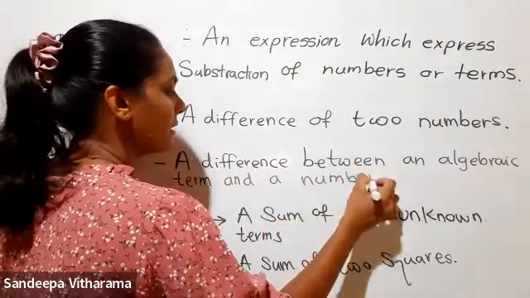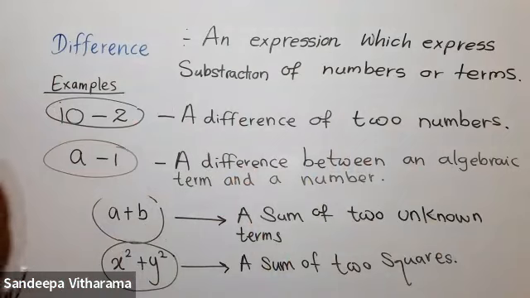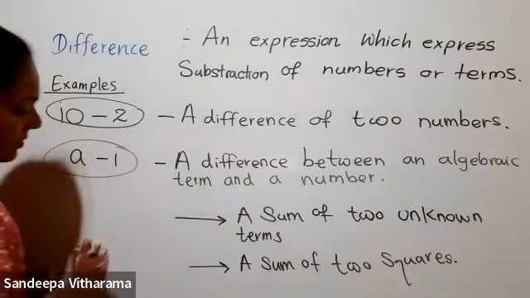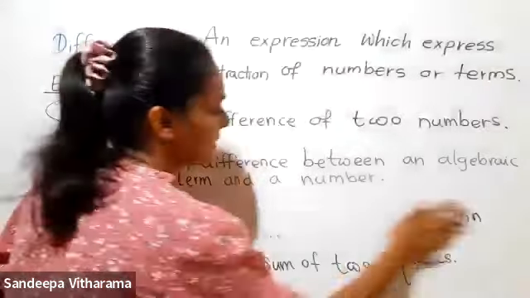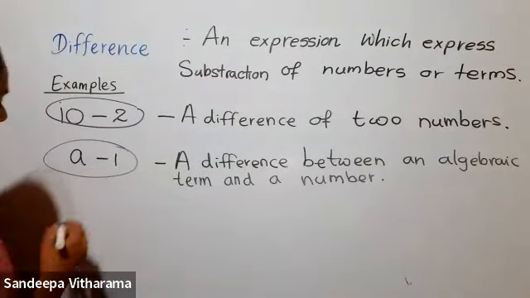This can also be called a difference between two numbers, okay? Because an unknown term also denotes a particular number. Okay? Yeah, number එකක් තමයි denote කරන්නේ.